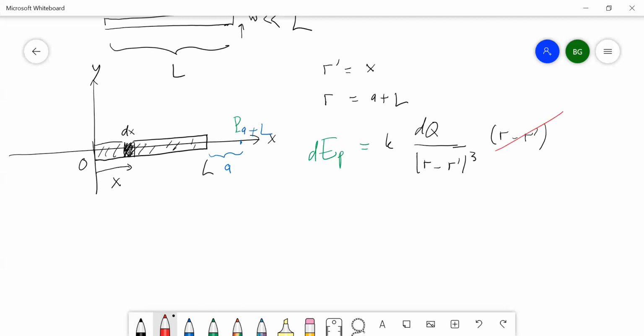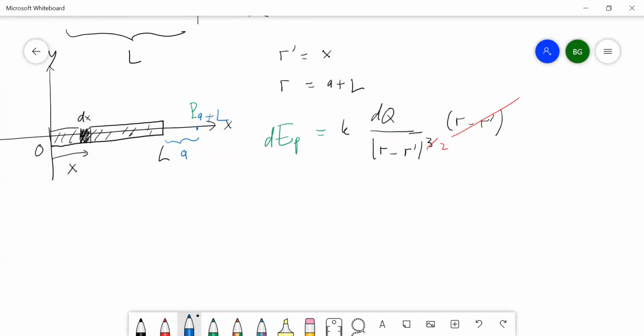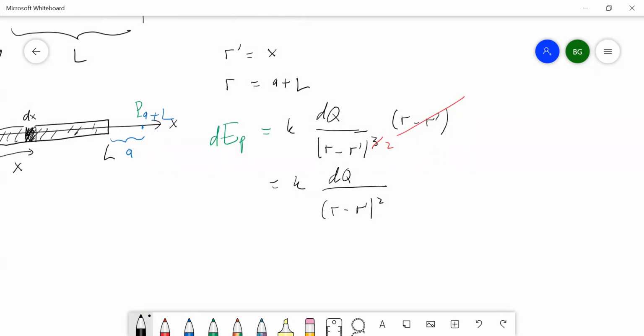We can divide it by this one, so it becomes squared. So this will be k dq over |r minus r prime| squared, which equals k lambda dx over (A plus L minus x) squared.